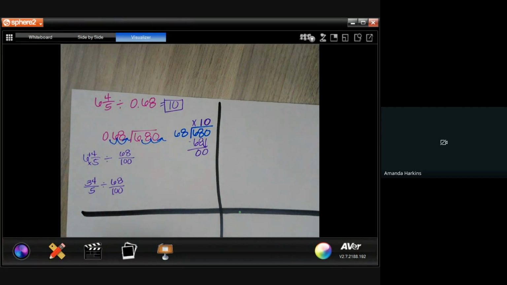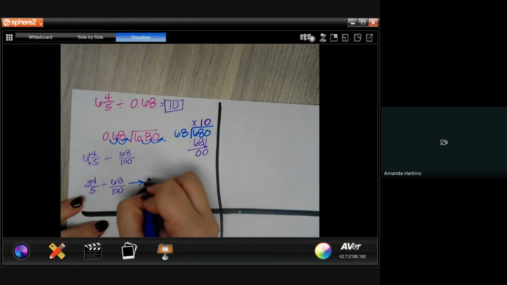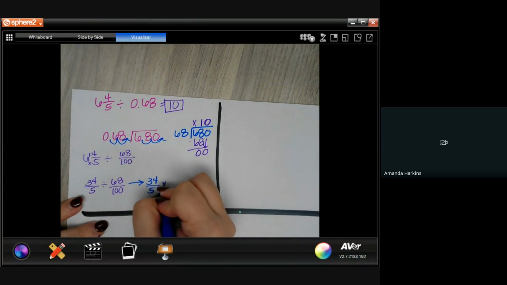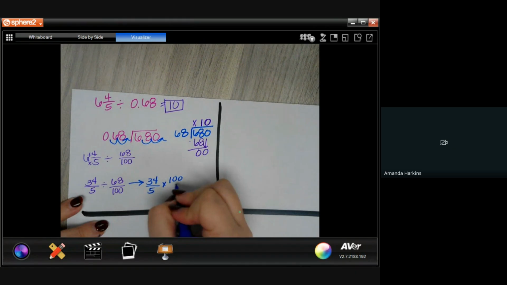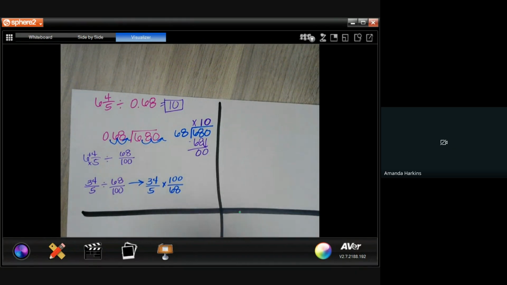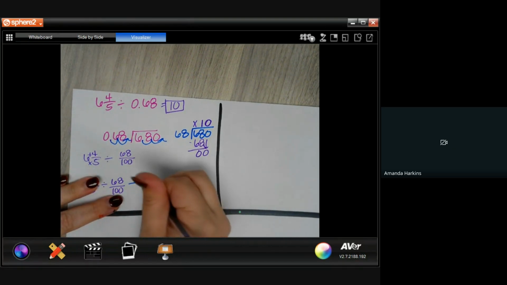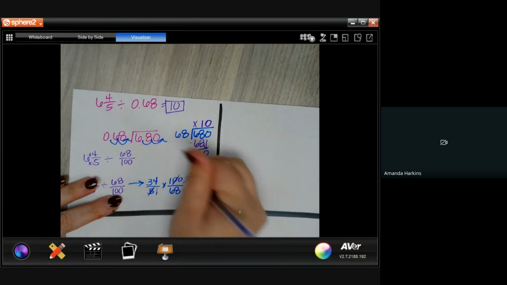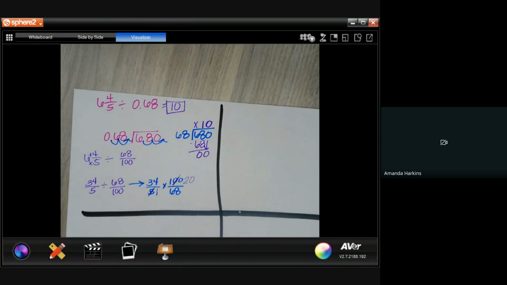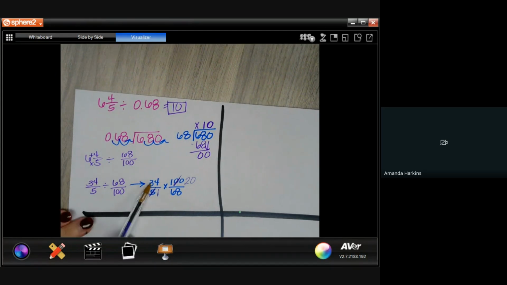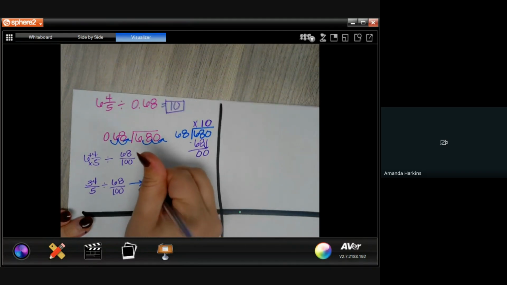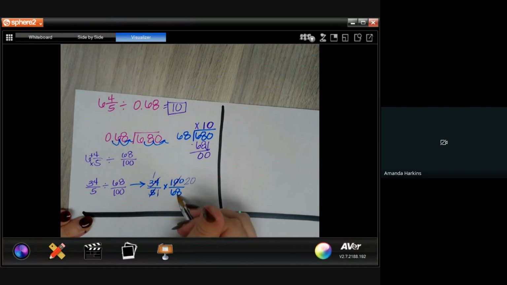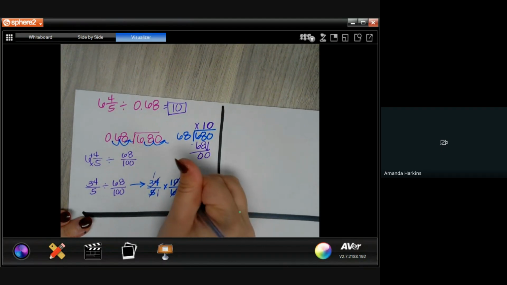So this is what it turns into: 34 over 5 times 100 over 68. I can simplify. 5 divided by 5 is 1, but 100 divided by 5 is going to be 20. Okay. I can also simplify 34 and 68. 34 divided by 34 is 1. But 68 divided by 34 is 2.